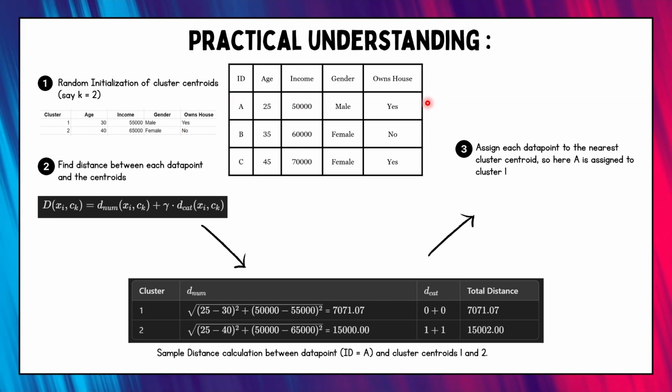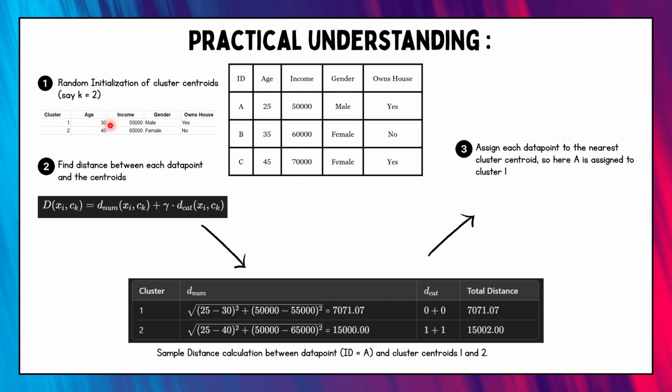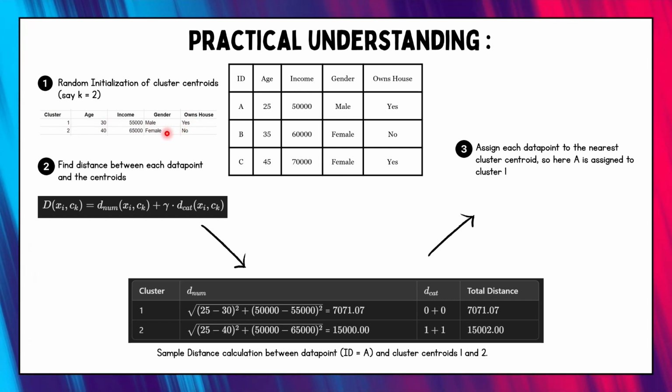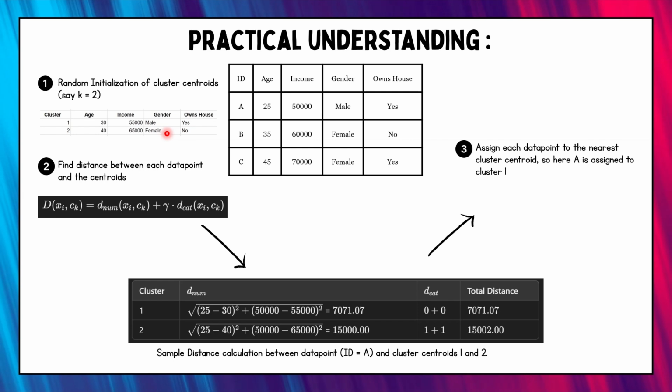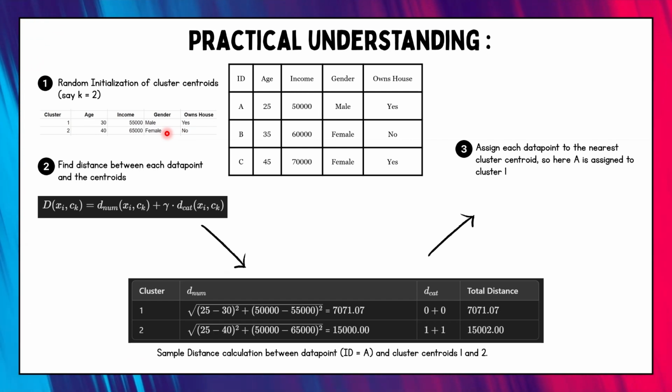Say the distance between row A and cluster 1 is higher as compared to cluster 2, then the algorithm will say that okay, row A belongs to cluster 2 because it is closer to cluster 2's centroid. That's how it works.